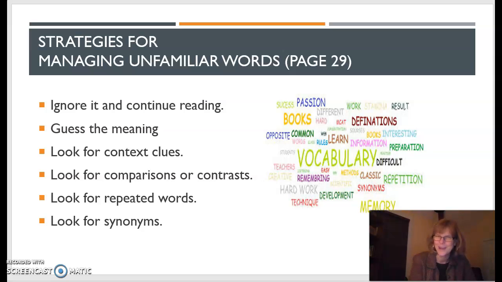Those are your two goals, really, is to go ahead and keep reading and try to guess and become better at guessing the meaning of a word using the context, using the synonyms and repeated words that are all around it.